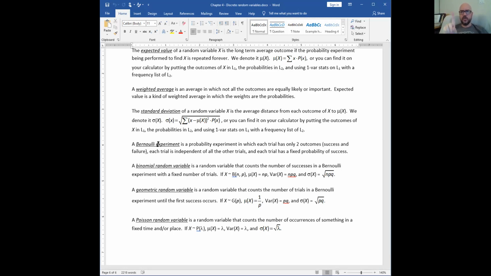Binomial counts the number of successes in a fixed number of Bernoulli trials. Geometric counts the number of Bernoulli trials to get the first success. And Poisson, entirely unrelated to the other 2, counts the number of instances of a certain thing happening in a fixed time and/or space, and whether something follows a Poisson distribution is basically determined by experimentation, which is why it took so long to come up in history.